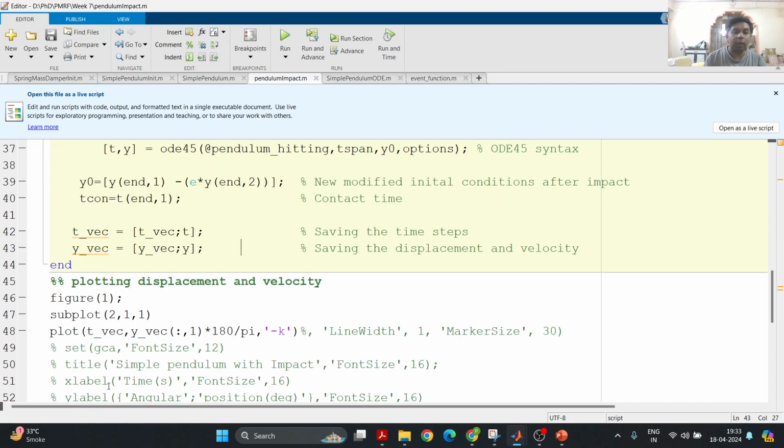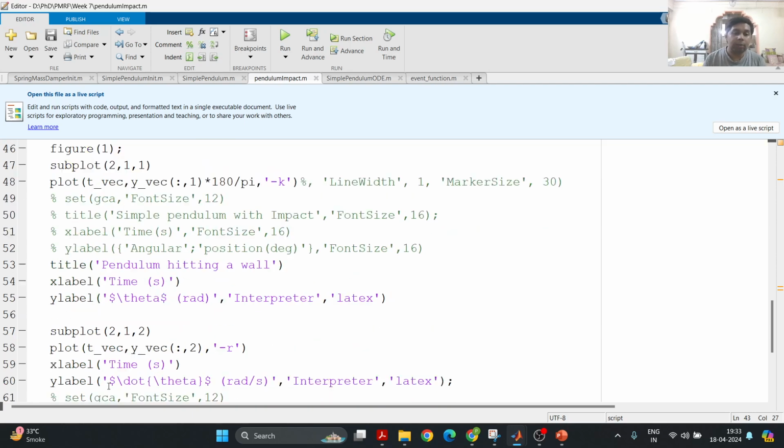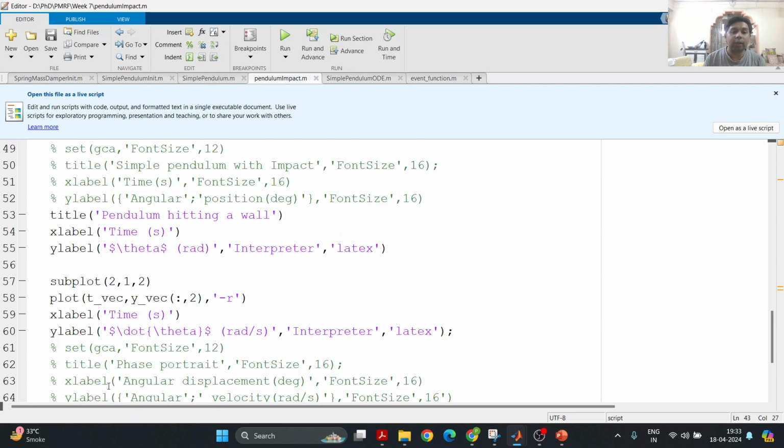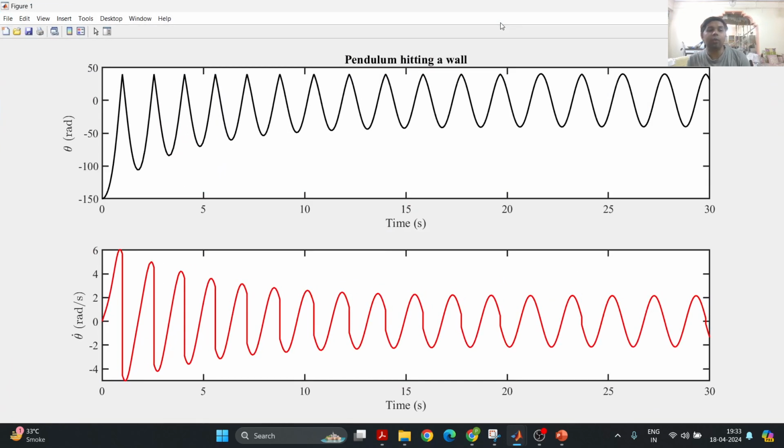So this is how we can use this concept, and then we can plot the angular displacement and angular velocity. Let us say we start with an initial angle of minus 150 degrees. Minus 150 because it is in the clockwise sense with respect to the vertical axis, and then release it.